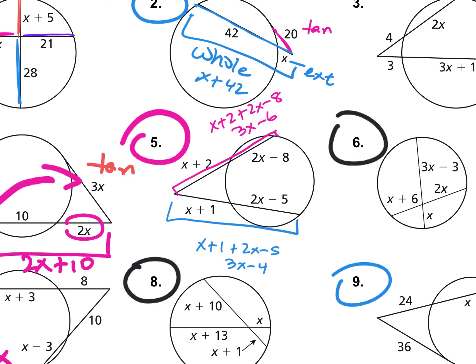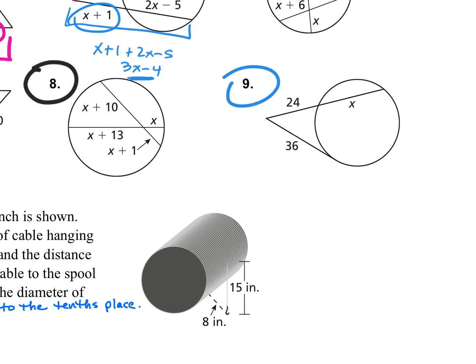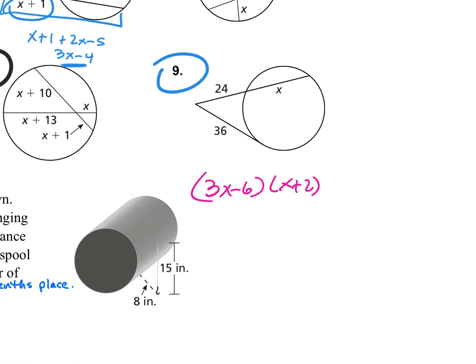So what we're going to be doing is whole times this external, and this whole times this external. So let me go ahead and write that out. So the pink one is going to be 3x minus 6 times the external piece, which is x plus 2.